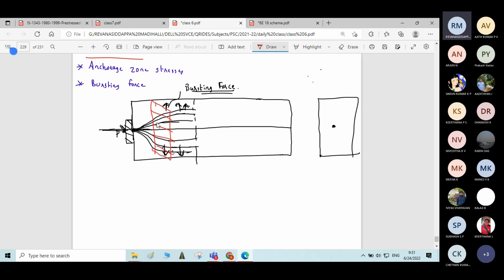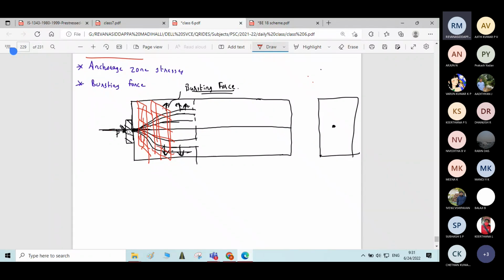It means we will provide some steel mesh at this particular zone because there will be a lot of stresses induced here. To withstand all these transverse or tensile stresses, we will design this end block. This portion, whatever we are designing, is called design of end block.